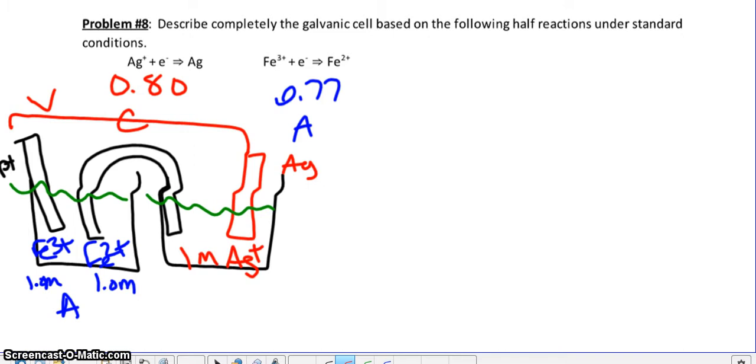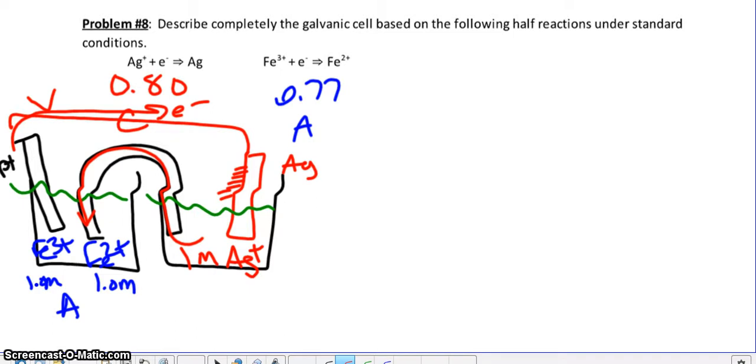Okay, so my direction of electrons is going here, and the electrons are going to be deposited on the silver metal, and then your nitrate or whatever ions you're working with will go through the salt bridge to complete the circuit. Okay, so now what do we need to do? We need to balance this out.